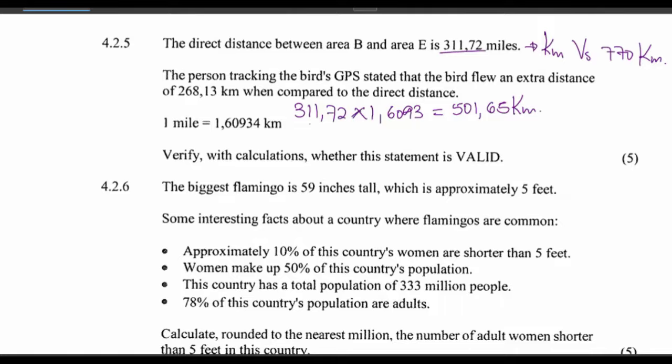Kilometers. So what are we looking for? We subtract now the distance it covered minus the one that we've just got now. And we look for the answer: 268.35. They are saying an extra 268, which is valid.